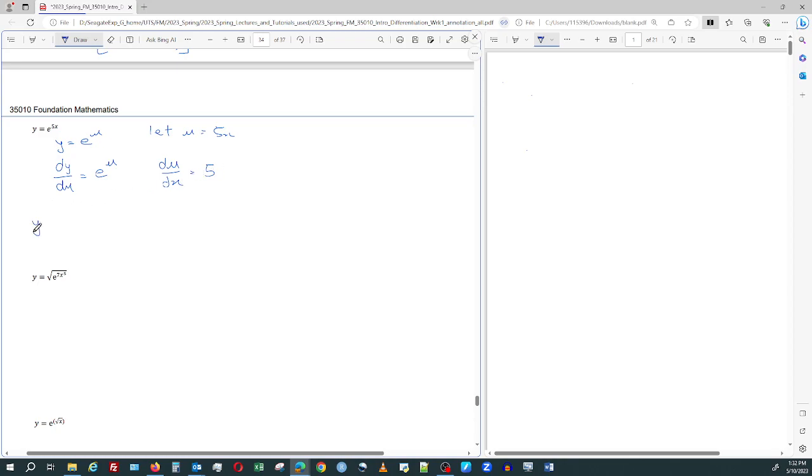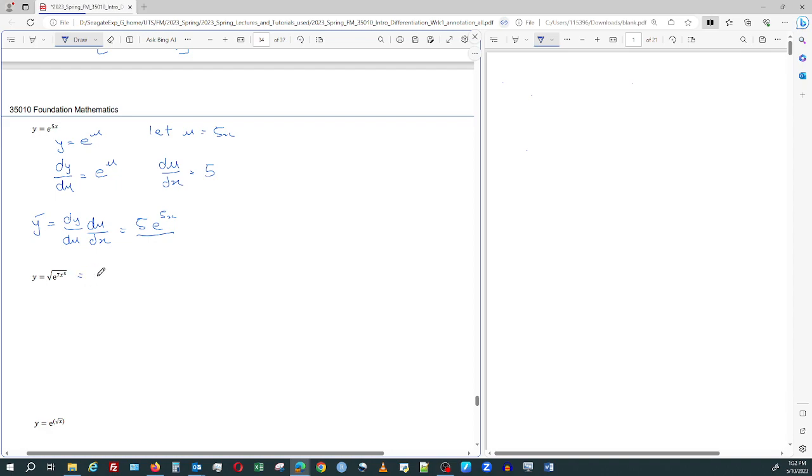And so y dash becomes the chain, dy/du times du/dx. You'll thank me later when you get problems involving these. 5 e to the u, and u itself was 5x. So putting in the chains is a good idea at this stage of your careers.